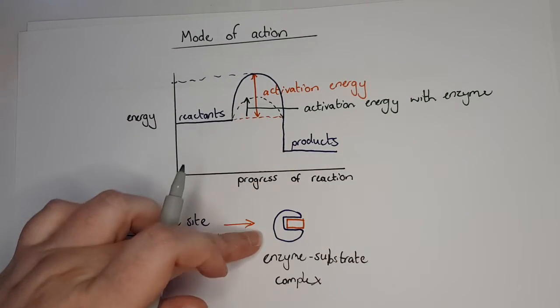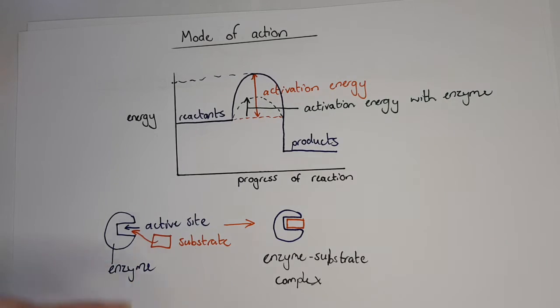This enzyme substrate complex that gets formed is where our activation energy is going to be lowered so that it becomes easier to react and break up the substrate into products.